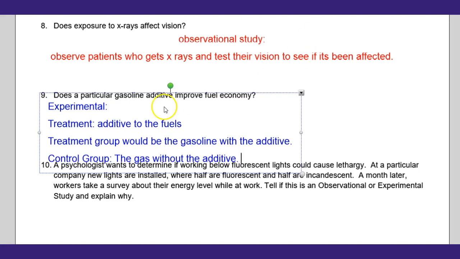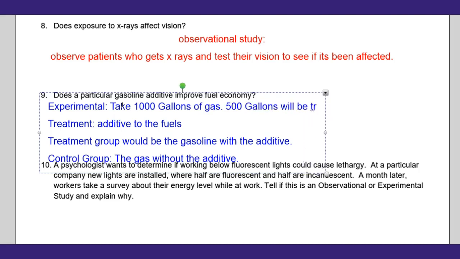Now, how would you do it? I would take, I don't know, 1,000 gallons of gas. 500 gallons will be treated, and 500 gallons untreated.